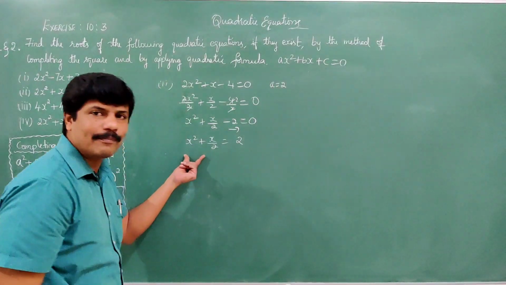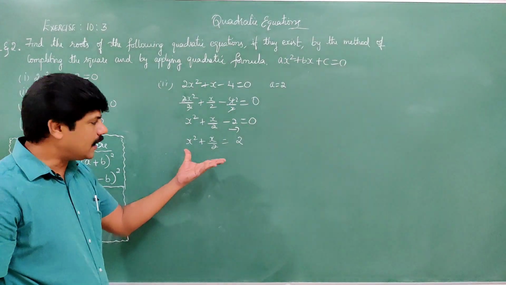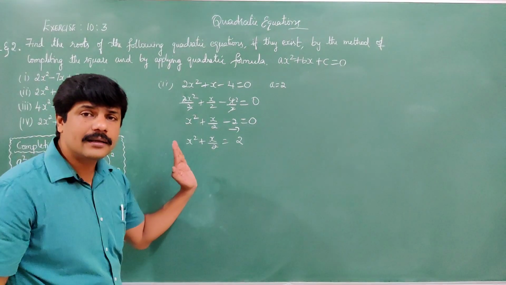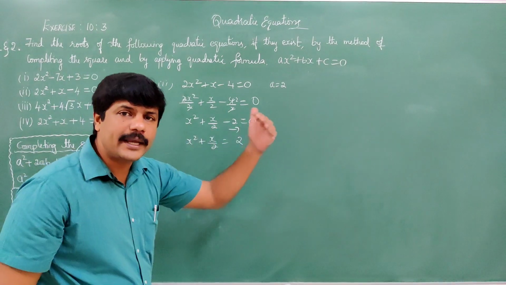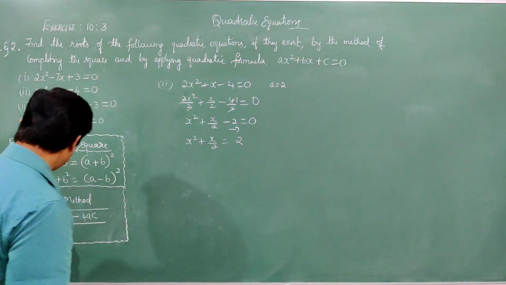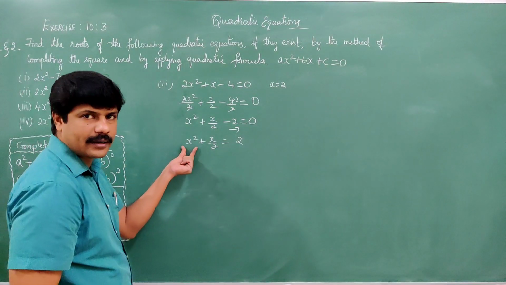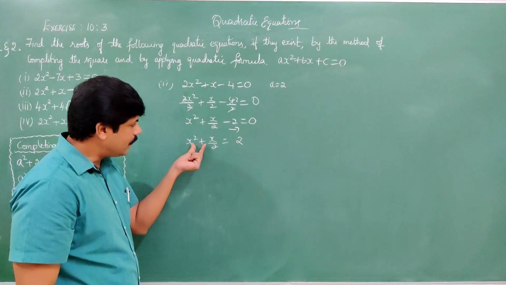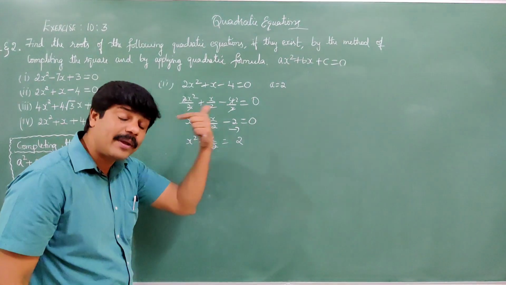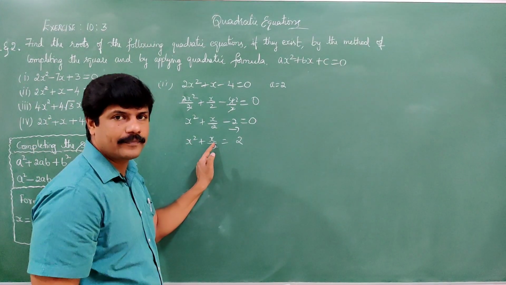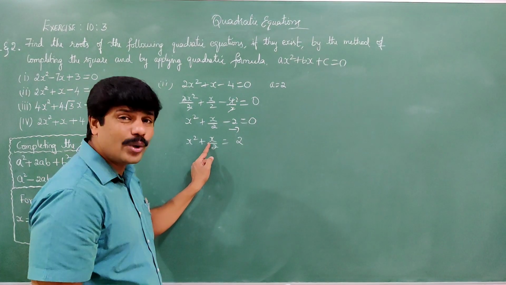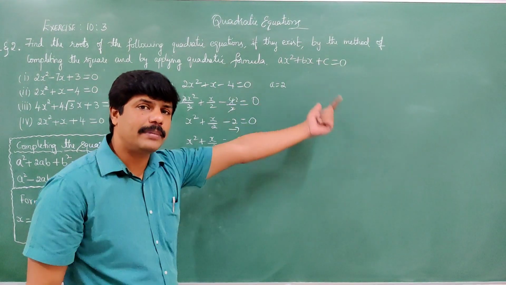Now you have to compare the left hand side of this equation with the a plus b whole square formula. In place of a square, what is there? X square is there. Then 2ab, because x is there here: x square plus 2xb plus b square.